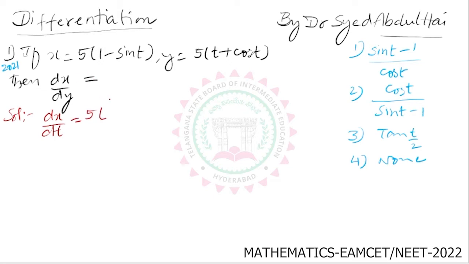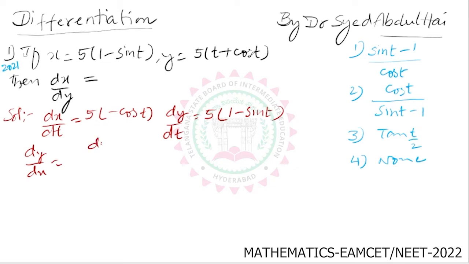Derivative of 1 is 0. Derivative of sin t is minus cos t. Similarly, dy by dt is equal to 5 as it is. Derivative of t is 1. Derivative of cos t is nothing but minus sin t. Isn't it? Therefore, dy by dx is equal to dy by dt whole divided by dx by dt.